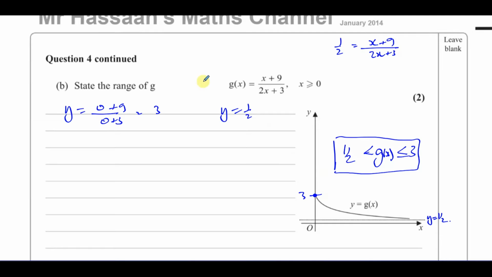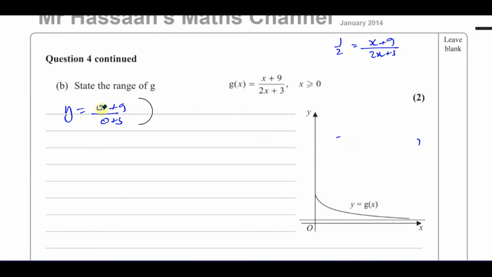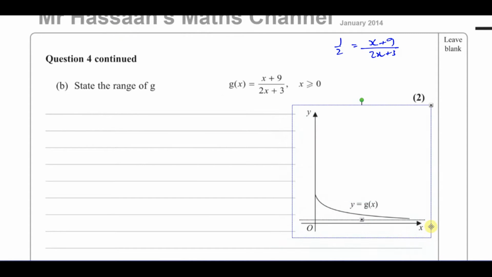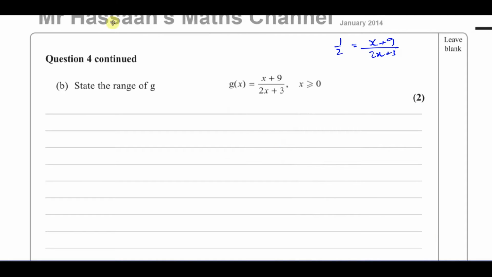Okay. Now, supposing you had a question where they didn't give you a sketch, and you didn't understand those little shortcuts there. I'm going to explain it in a different way. Supposing they gave us a function like this to draw, and they didn't even give us this part for the beginning.